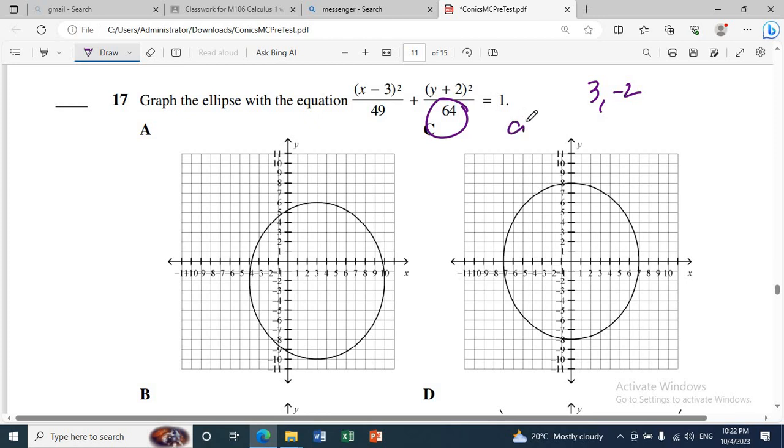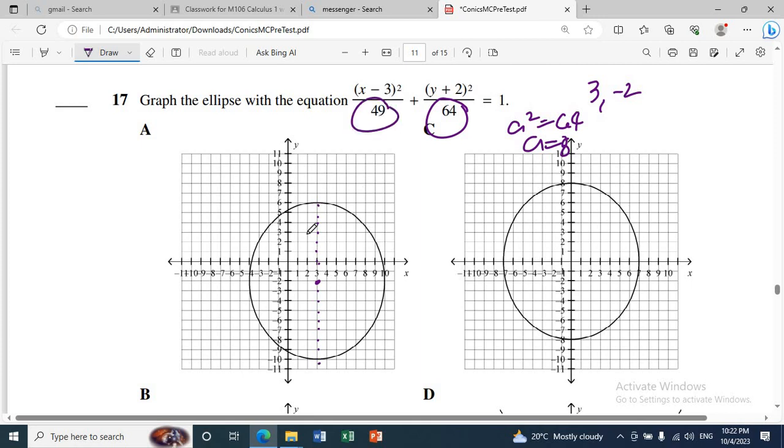Major axis is 64, a is equal to 8. So it's 8 units going up and going down from the center, 3, negative 2. This is correct. Let's check. 8 units up: 1, 2, 3, 4, 5, 6, 7, 8. Correct.